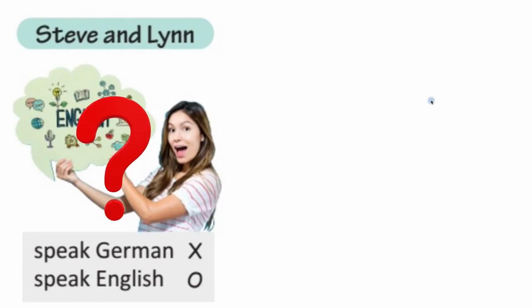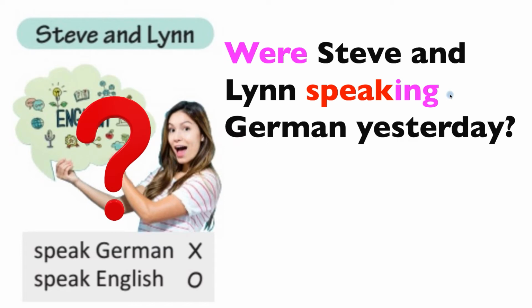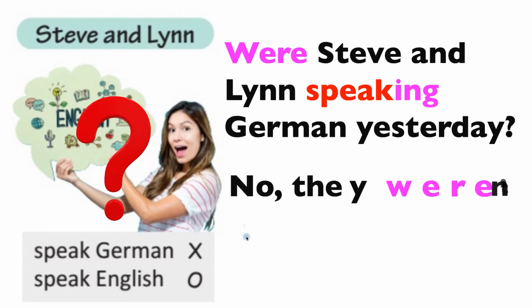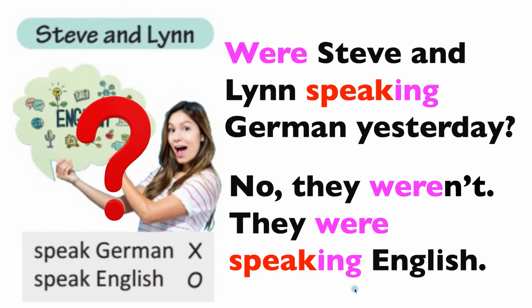Lastly, Steve and Lynn. So the question: were Steve and Lynn speaking German yesterday? No, they weren't. They were speaking English. So as you can see, you start with a yes-no question. You say no, and then you give more information.